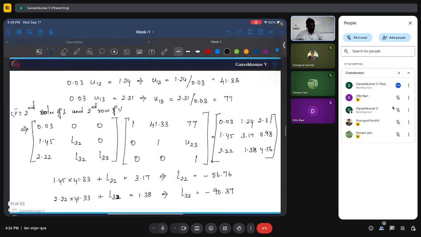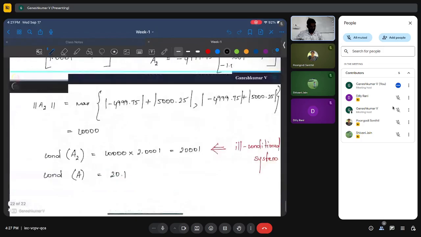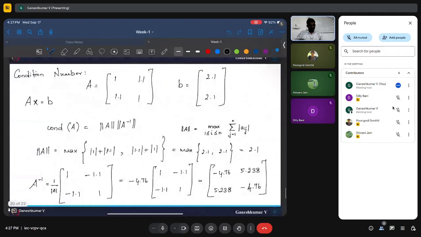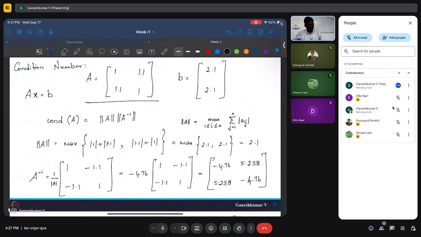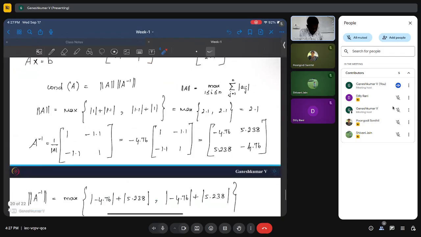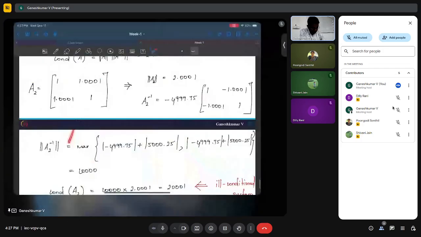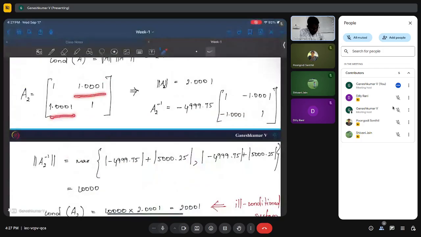If you go back up, so if this is your A matrix, if I change this 1 to 1.001, this is like a small change. Like if you put 1, that's one problem. If I put 1.001, which is what I do here, this will lead to a large change in the solution value.